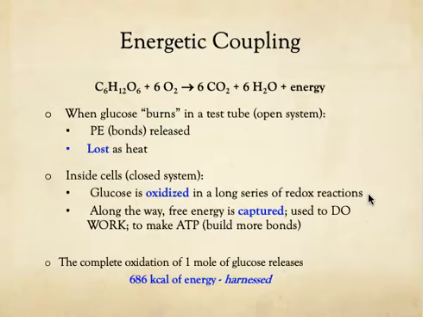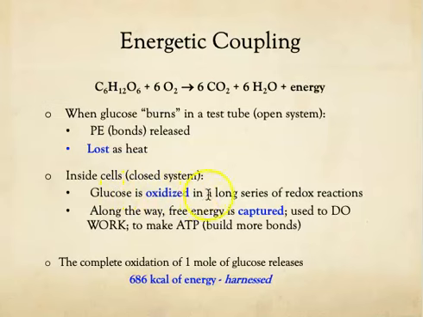And then the acetyl-CoA is broken down into carbon dioxide. Glucose to pyruvate is what we call glycolysis. Pyruvate to acetyl-CoA is what we call pyruvate processing. And acetyl-CoA to carbon dioxide is what we call the Krebs cycle. It's a long series of reactions to oxidize glucose in a living cell.